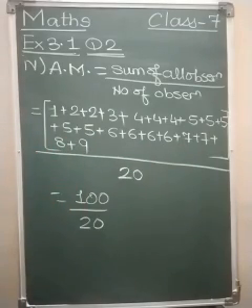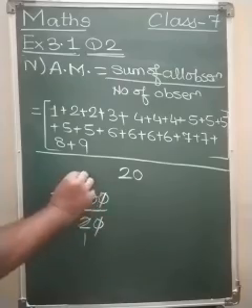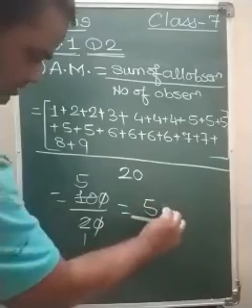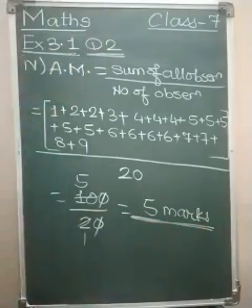You can add it and you can see, so you get the total to be 100. Now this cancelled, 2 ones are 2, 2 fives are 10. So this equals 5 marks. And done. Our sum is done.